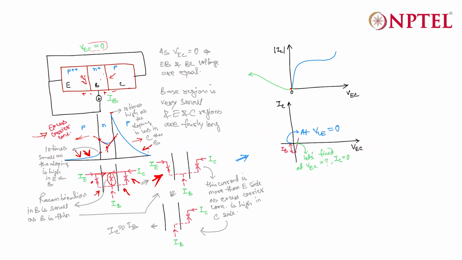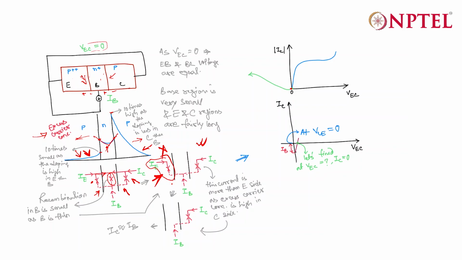Now we know that the current on the emitter side will be less compared to the collector side, because the emitter side has a huge doping compared to the collector side, and thus you can ignore the current on the emitter side, because the current on the collector side will be much higher.